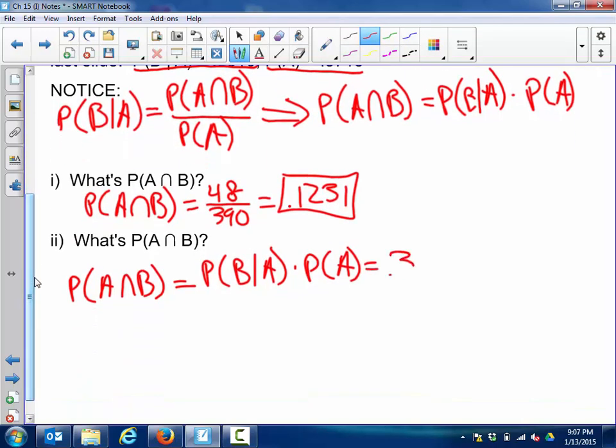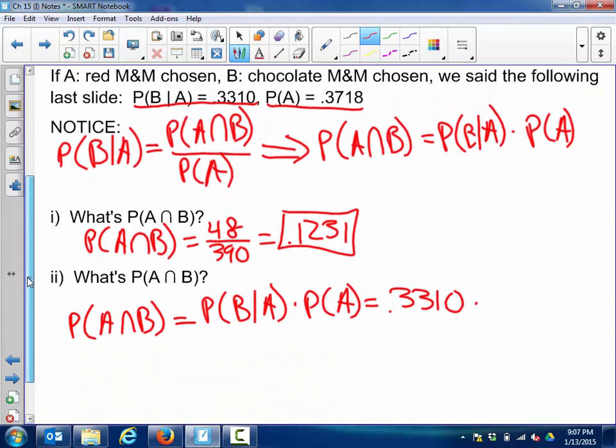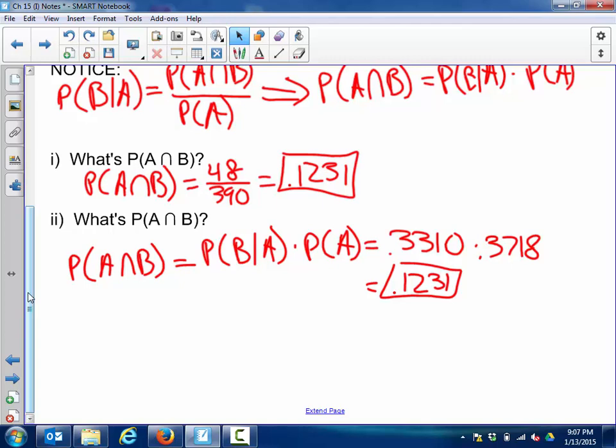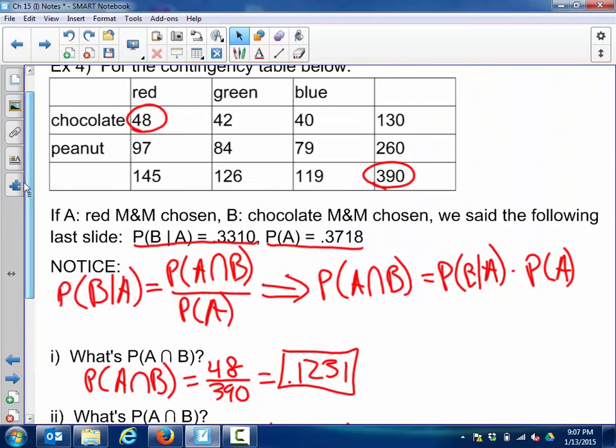The probability for B given A, highlighted up here, is 0.3310, times the probability for A alone, also highlighted, 0.3718, which simplifies to that same 12.31%. So our general multiplication rule works.